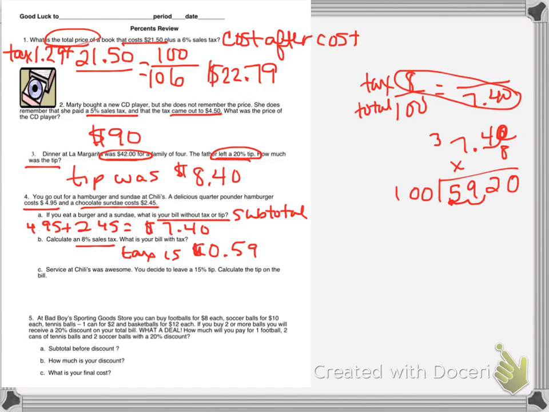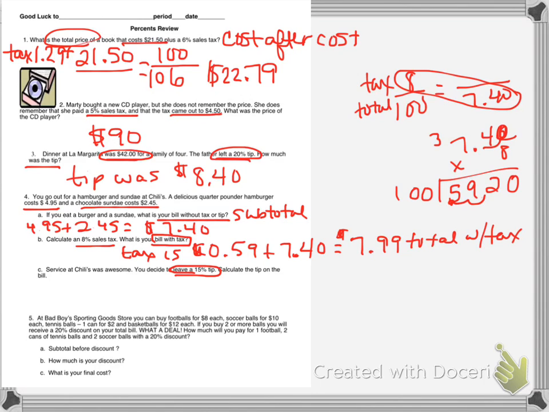Then it says, awesome service, we're going to leave a 15% tip. Calculate the tip on the bill. Oh, I did not finish letter B. The bill with tax, I apologize, 59 cents plus 7.40. Make sure we're reading carefully. Mrs. Ray did not read that all the way. So $7.99, this is my total with tax.